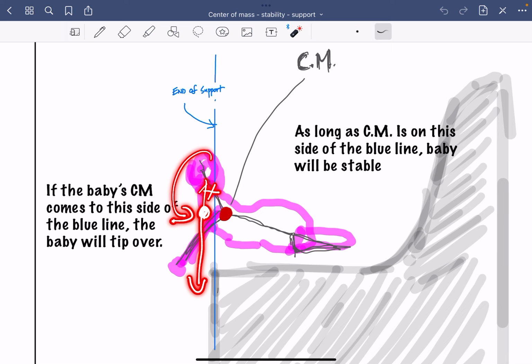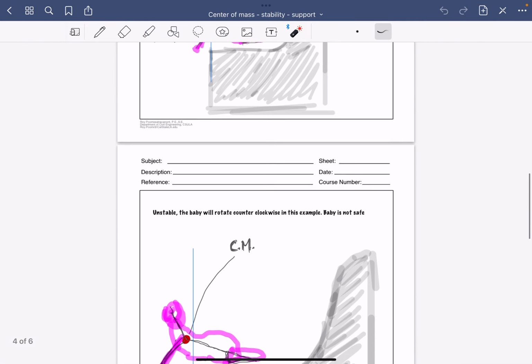And that moment is what's going to throw off the baby, and then maybe we go to ER. But I don't know if you noticed, in the photo, it's a padded ground. And finally, as long as the center of mass is on this side of the blue line, the baby will be stable, right? Maybe the baby's hands fall, but as long as the center of mass is right here, the baby will not rotate and fall.